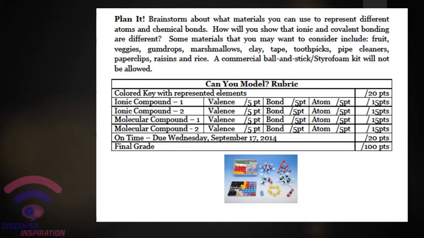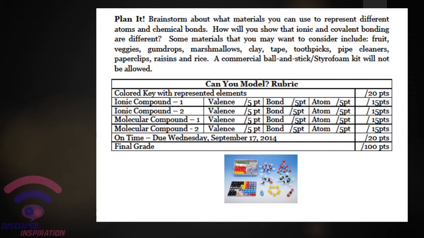number of atoms. So if I ask you to build for me water, we know water is H2O. That's 2 hydrogens and 1 oxygen. If you have 2 oxygens and 1 hydrogen, you're going to get the number of atoms wrong. If your oxygen and hydrogens don't have any dots or rice or raisins or nothing on them to tell me how many electrons they have, you're going to get those 5 points wrong.